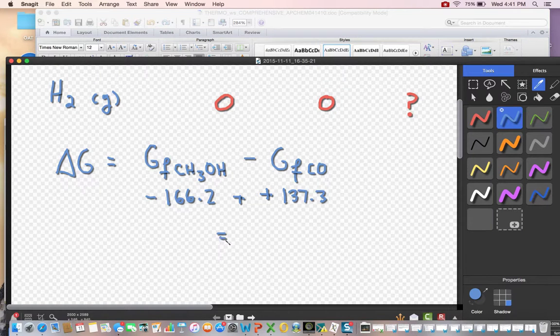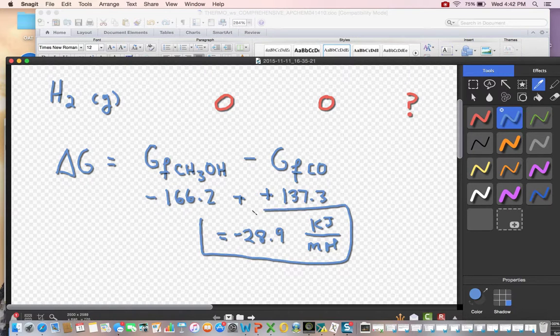And when I simplify the math, I'm going to get negative 28.9 kJ per mole. Meaning this is a spontaneous reaction because it has a negative delta G.